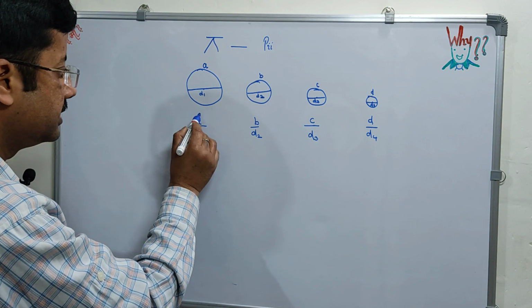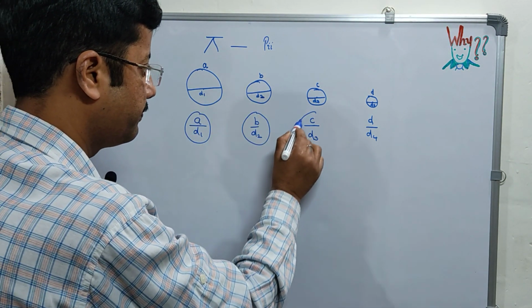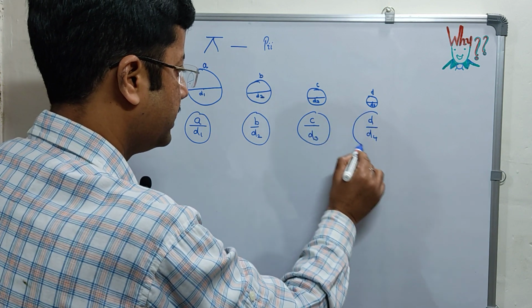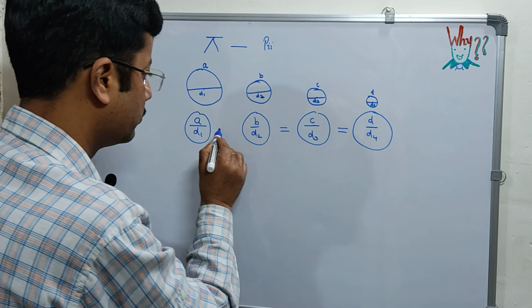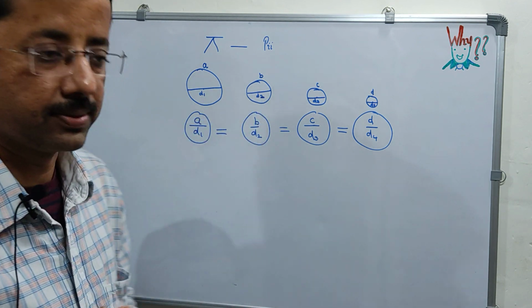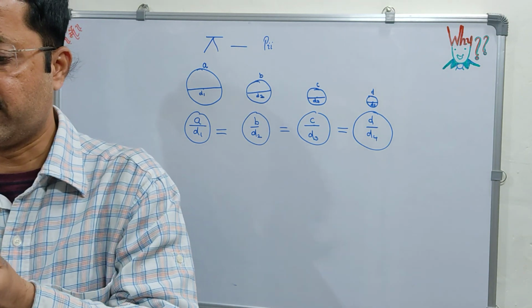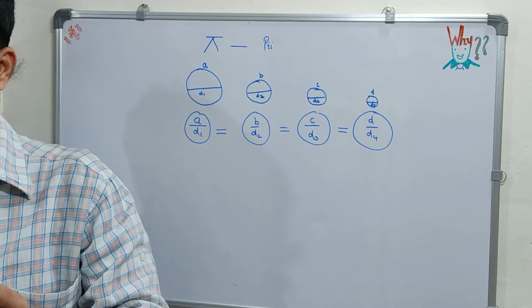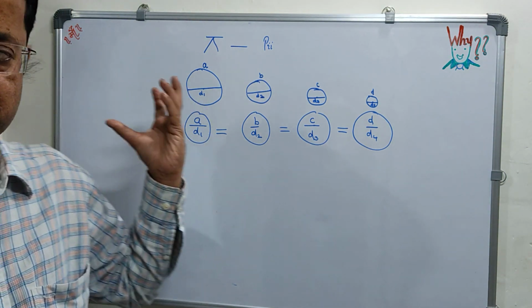Now all these ratios, we are dividing all these, and what we see is that all these results came out to be the same, to our surprise. When we saw these circles of different sizes, we must have thought that since this is the bigger one, the result would be bigger.